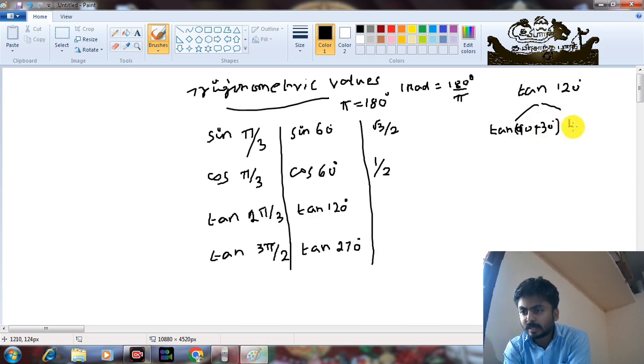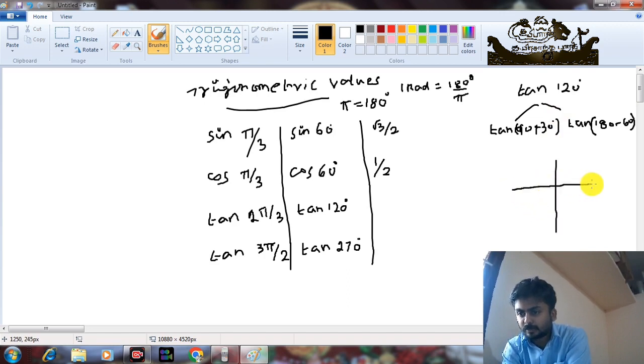Another one is tan 180 minus 60. These two will give you the same answer.